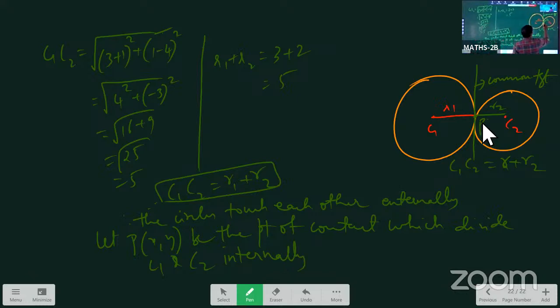This is a point P. This is C1, this is C2, the point P is here, the middle one. So P divides C1C2 internally in the ratio m is to n, that is R1 is to R2 in this case. Now what is R1? It was 3 is to 2. So R1 is to R2 is nothing but 3 is to 2.